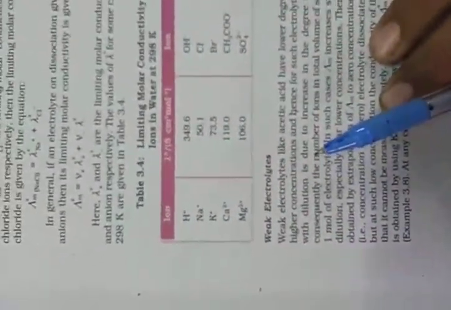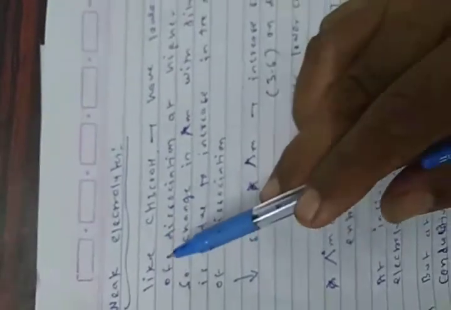Now weak electrolytes. Taking the example of weak acetic acid, it has a lower degree of dissociation at higher concentration. So the change in molar conductivity with dilution is due to the increase in the degree of dissociation.